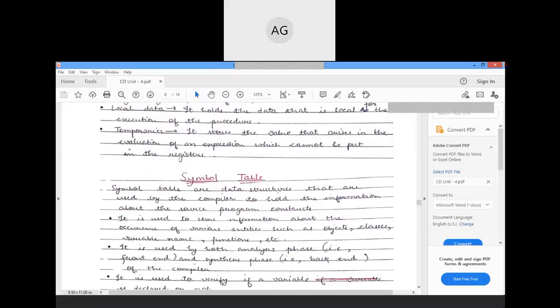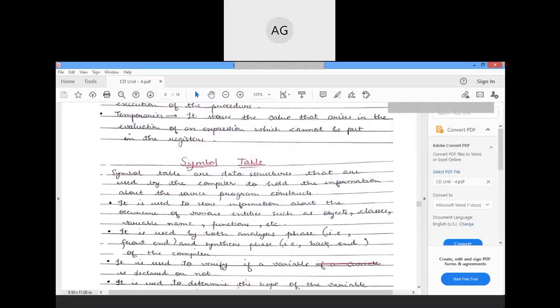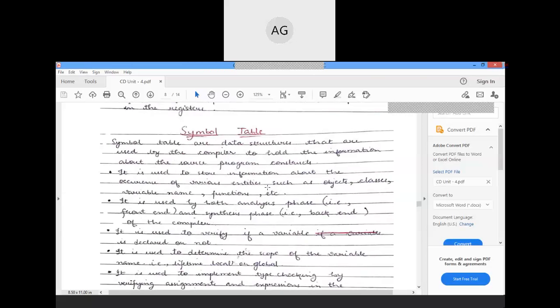Many times if a question is asked about the activation record, you need to write the fields related to the activation record and explain those fields. These are the seven fields in one activation record.